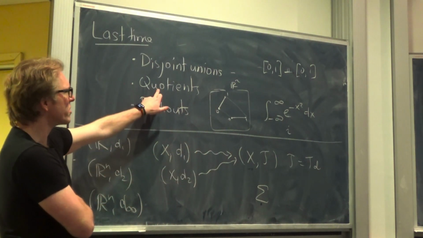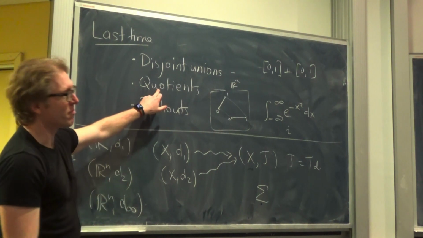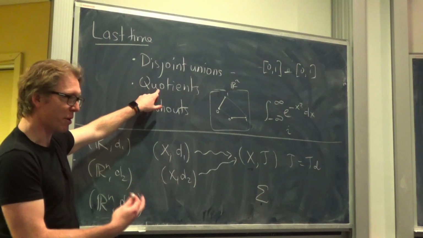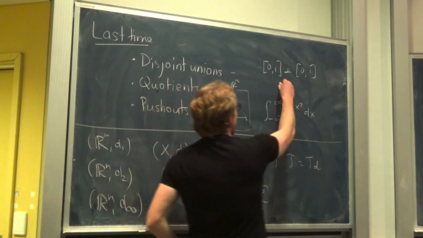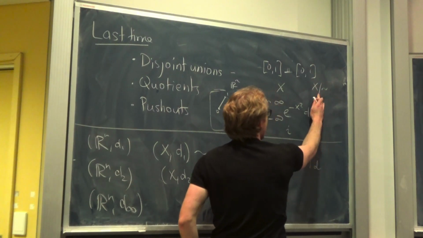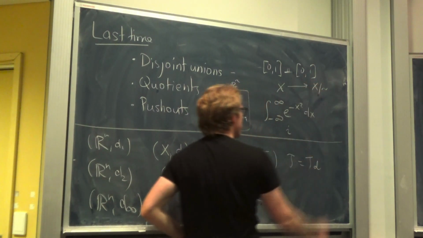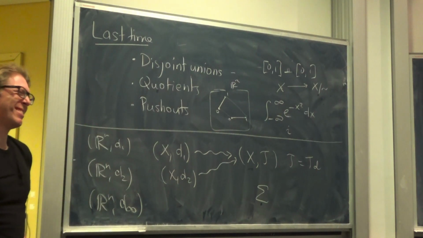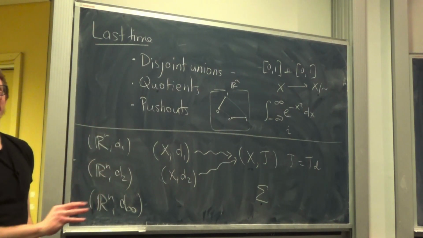And the same thing with the quotient. You can put, well, in general, actually, I don't think you can. But in some cases, for some equivalence relations, you could start with a metric space X and an equivalence relation and put a metric on this such that you had a map which preserved distances from X to the quotient. But you look at it and you're just like, I don't want to do that.